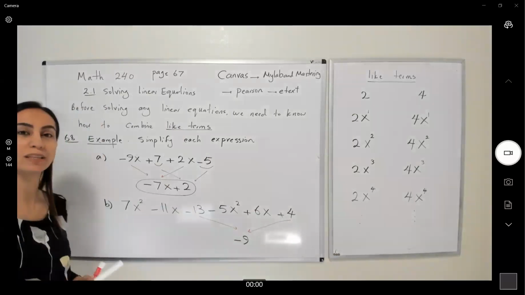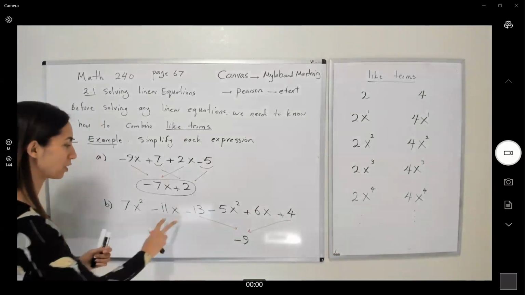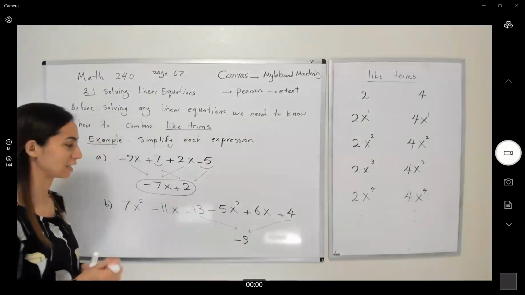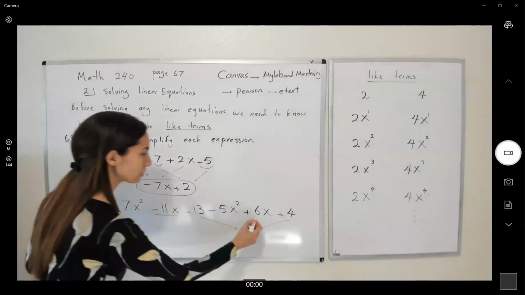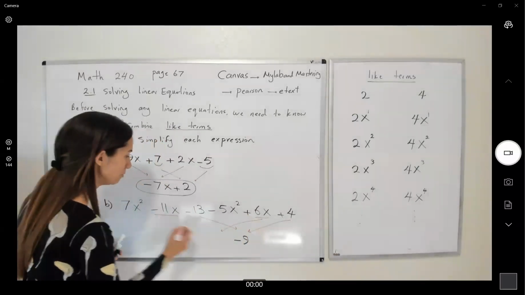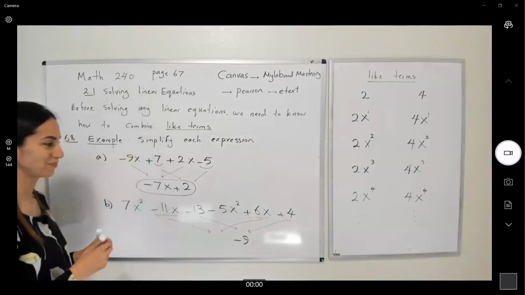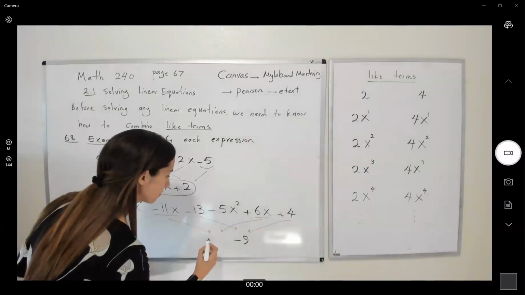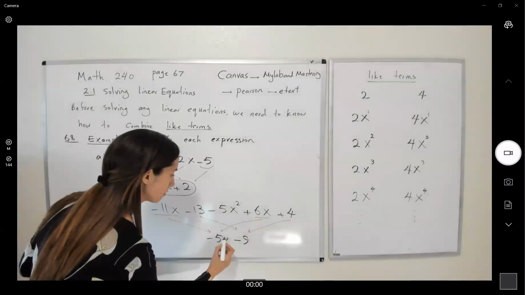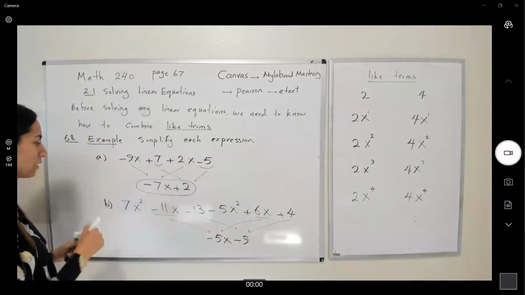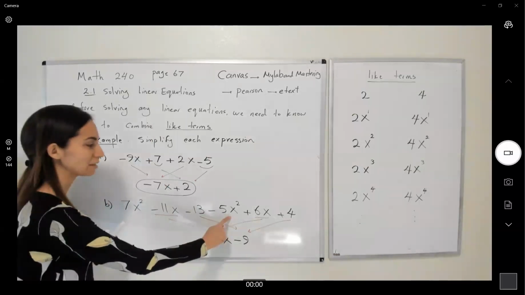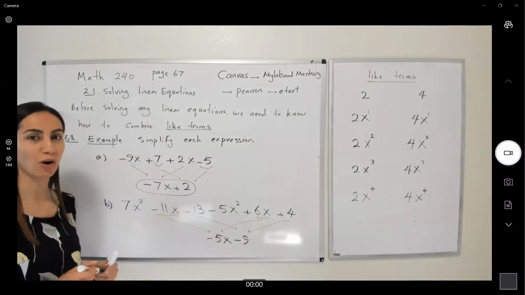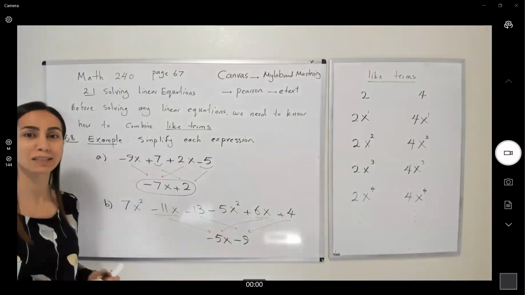Well, I have two linear terms. The first one is negative 11x. The second one is positive 6x. If I combine these two terms, the outcome is equal to negative 5x. And finally, I have 7x squared and minus 5x squared. As you can see, these two are also like terms, similar terms.